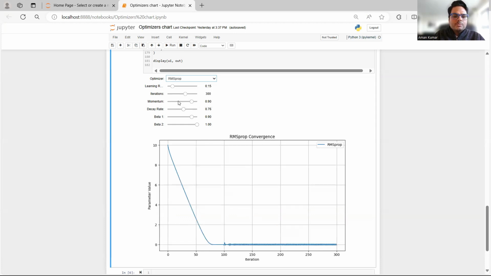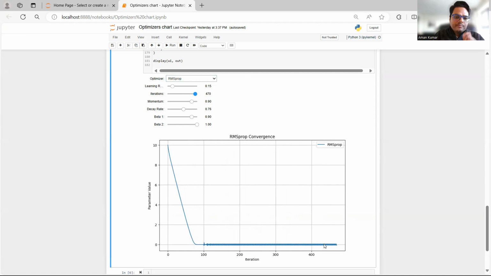In RMSprop, we are able to see that near 100 iterations it is coming close to 0 at least. And if I make it 500 iterations, then still it is coming close to 0. So it is hovering around 0 basically. It is still not becoming stable, but at least it is near 0 after these many iterations.